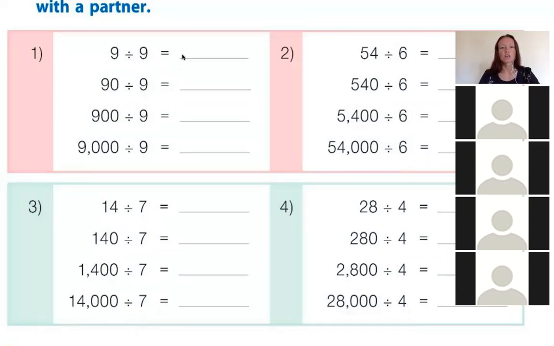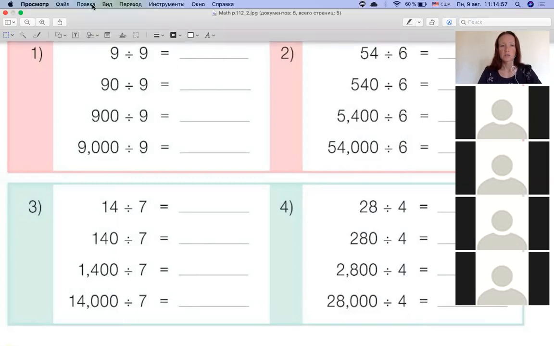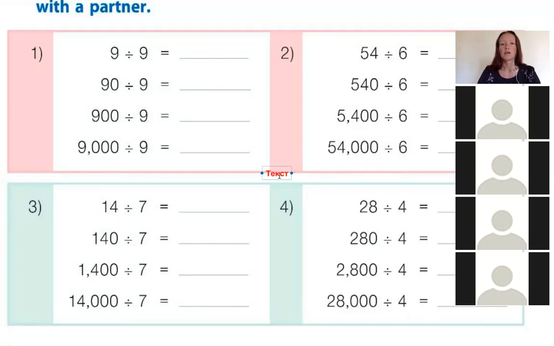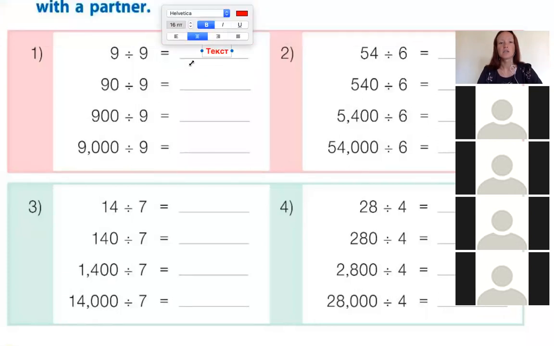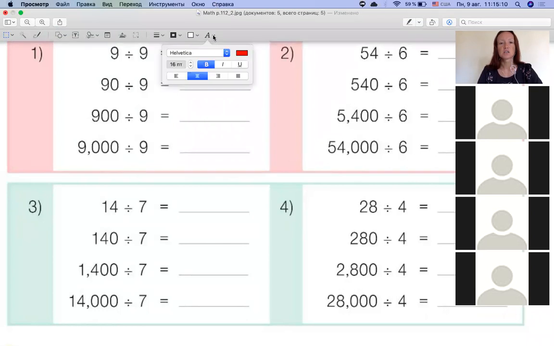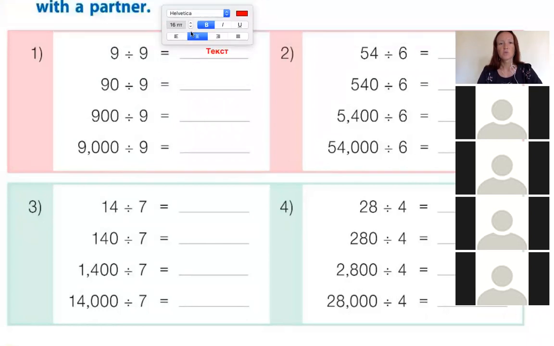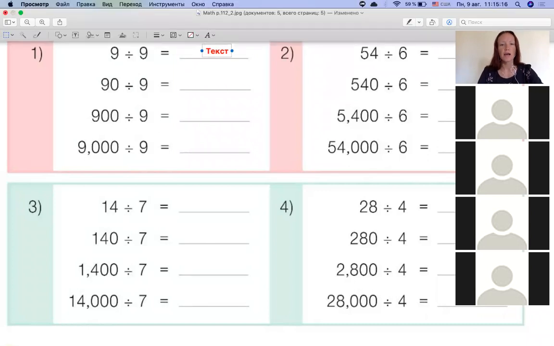So Porter, read the number sentence. 9 divided by 9 is 1. Very good. So 9 divided by 9 is 1.